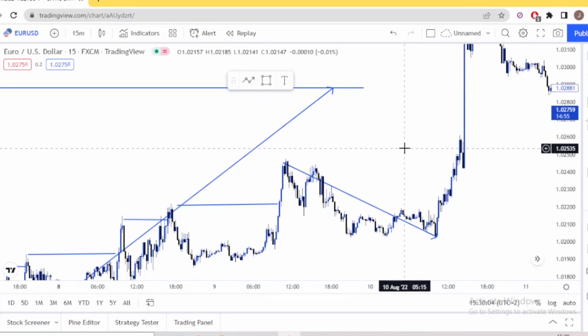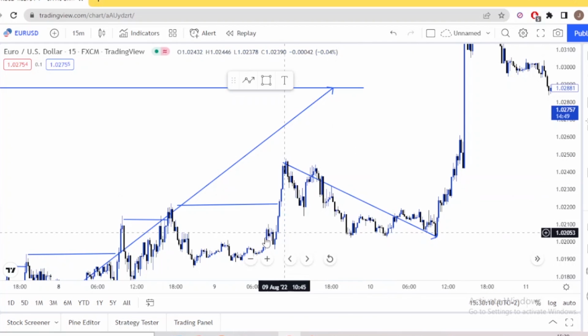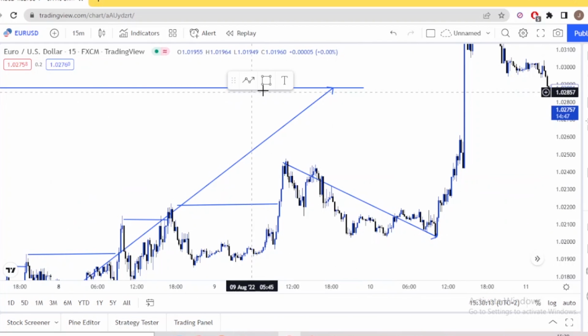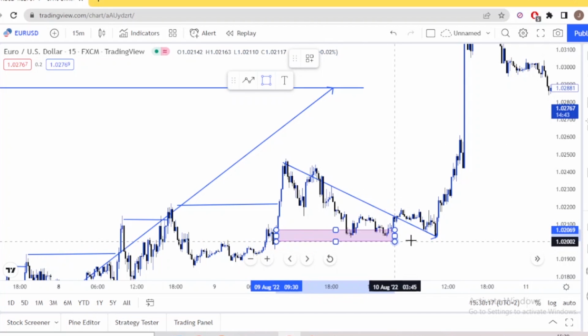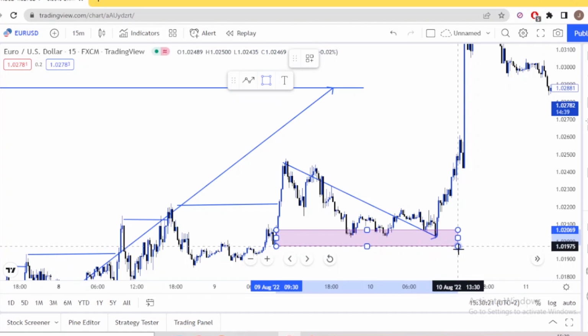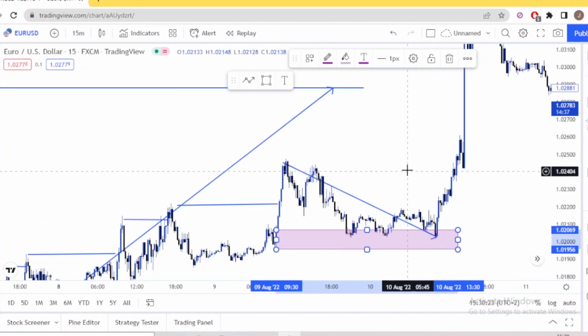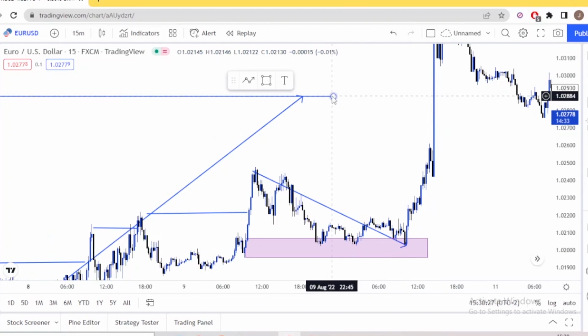I usually tell people that the fundamentals also respect the technical. This was before the news, but our trade was already here. We entered the trade probably around 4 hours before the news, but the news was still in our favor. The news helped the market take out the high.